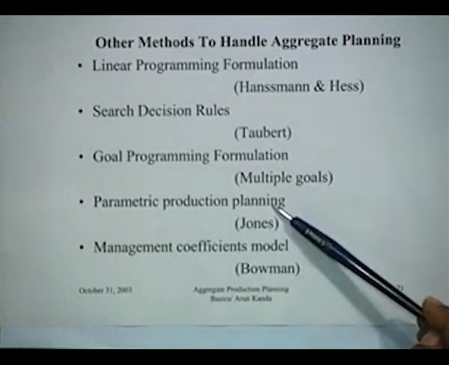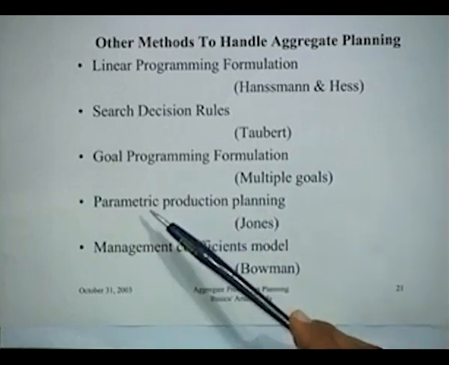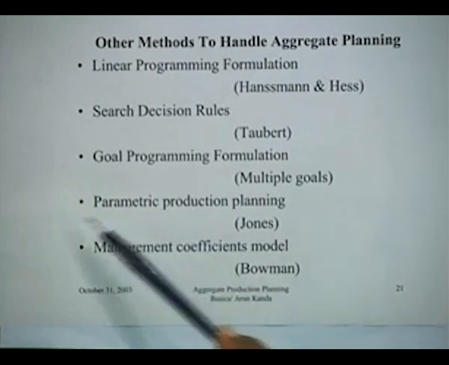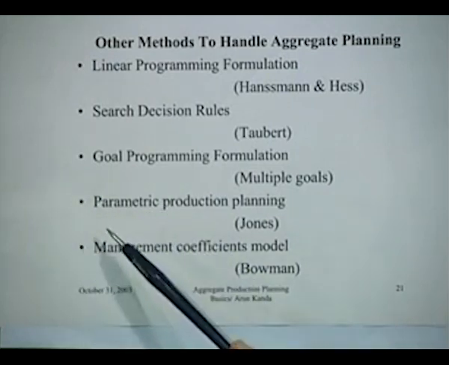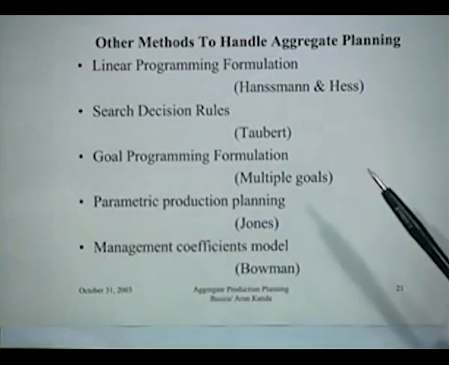Parametric production planning is a procedure developed by Jones, in which some parameters are introduced which can change over certain periods, and through the process of optimization you determine the values of those parameters. That's the basic idea.